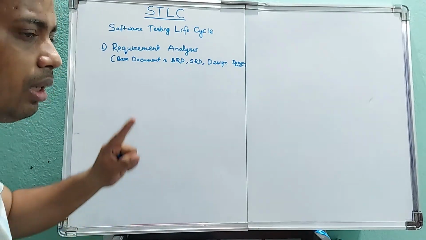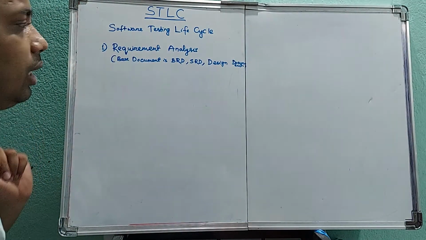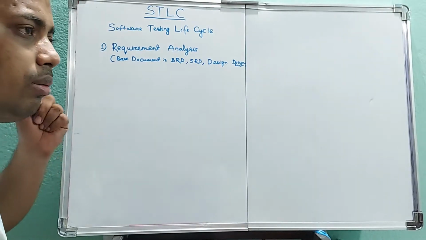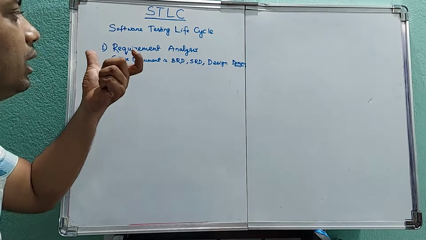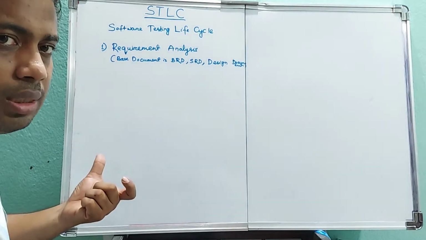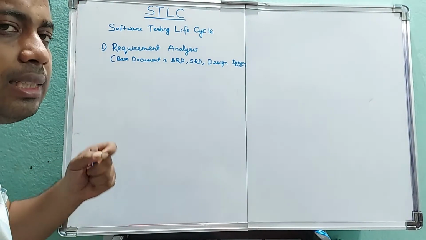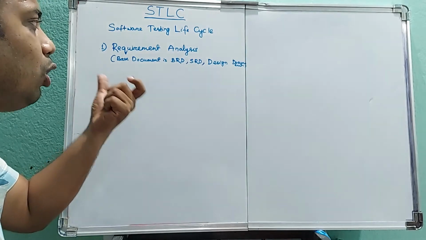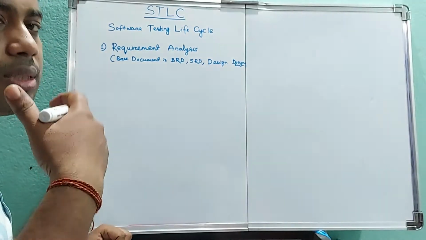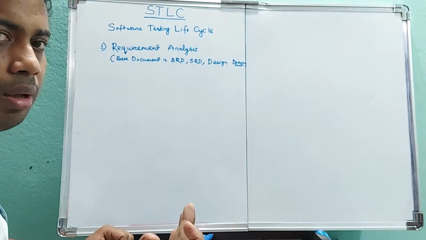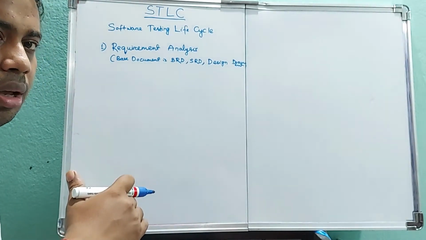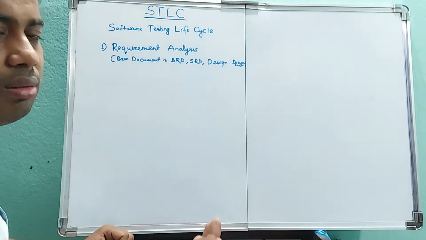That means testing starts from here. How can we say testing starts from here? Because during the requirement analysis we may find some gap in the document itself. Sometimes some requirement might be wrong, illogical or mistakenly written.